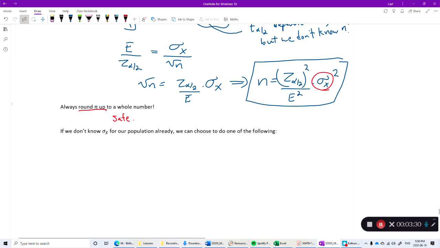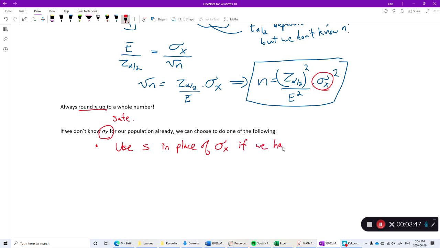What do we do? If we don't already know sigma x, we can choose to do one of the following. We can use s in place of sigma if we have some sample data already, for example from a pilot study. A pilot study is a small initial study just to learn the basics.